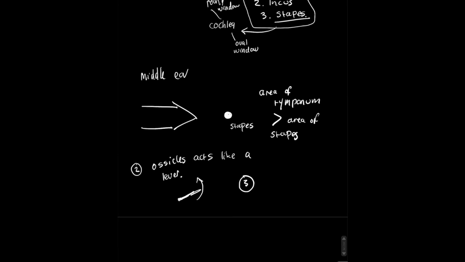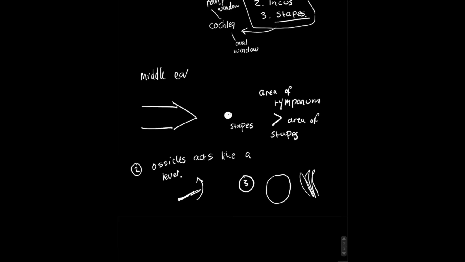The third point is that the tympanum vibrates in a complex fashion. So rather than just being a flat plate like this, the way it will vibrate when pushed against by the sound is it will go in and then out and in and out, and that process in itself helps create larger vibrations for the ear to hear.